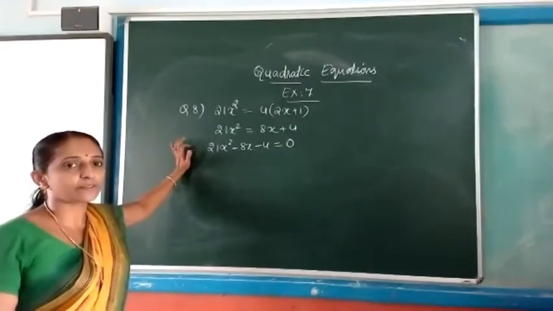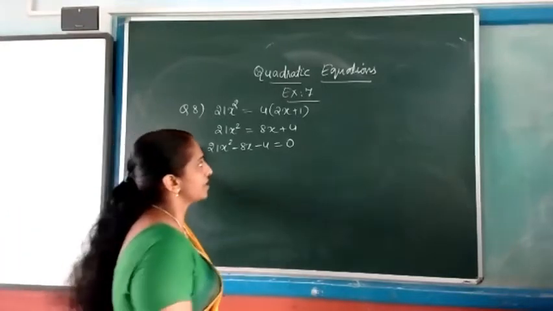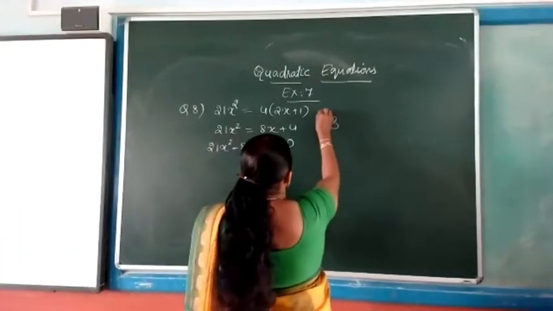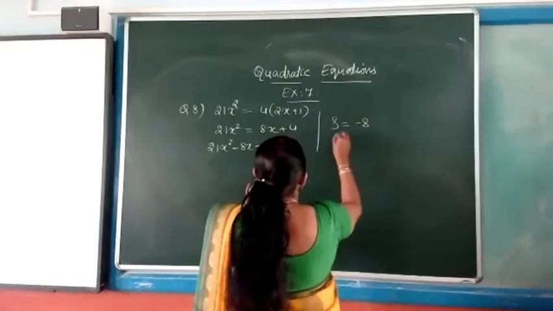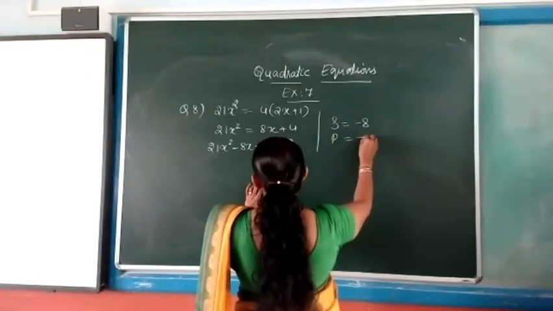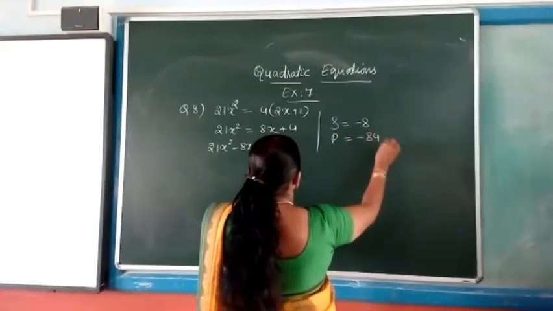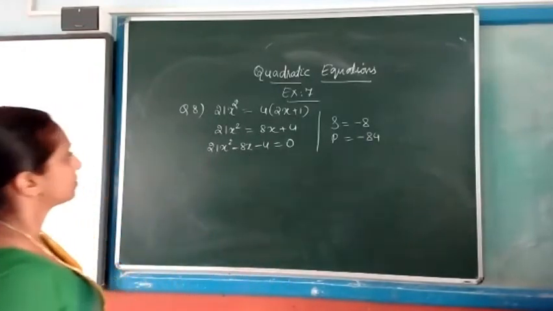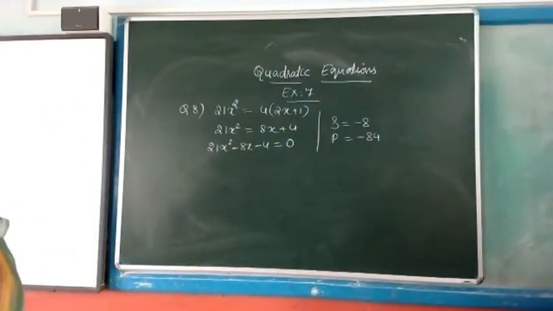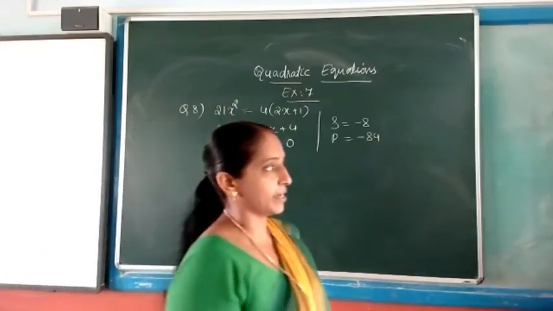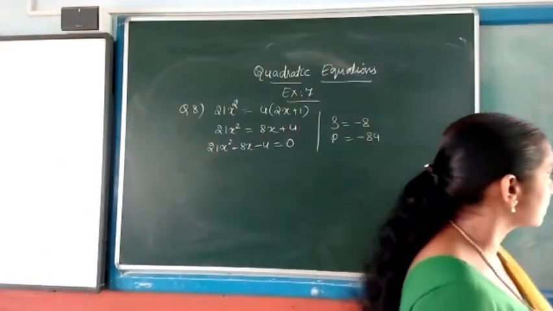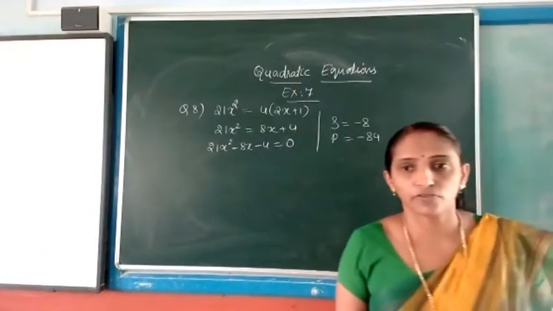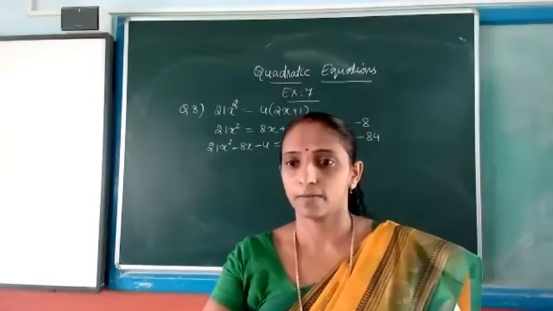Find the two numbers satisfying the condition: sum is minus 8, product is minus 84. Find the numbers. 84's factors you check.